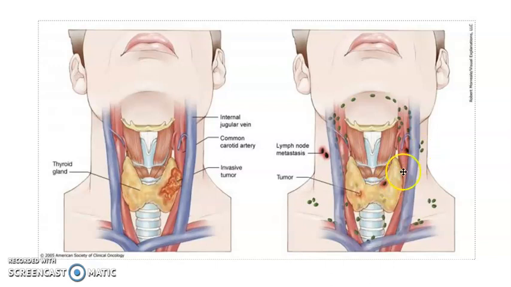But in case of thyroid malignancy, if the tumor is invasive like this over here, it is compressing the carotid, and we will not be able to feel the pulse when you touch. So that is called Berry sign positive. That is Berry sign, when you're not able to feel the carotid pulse.